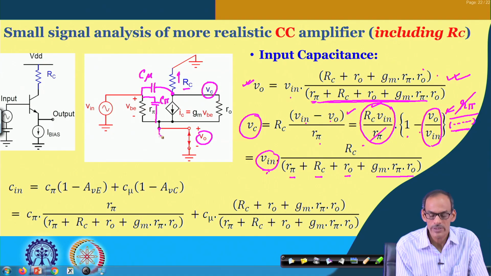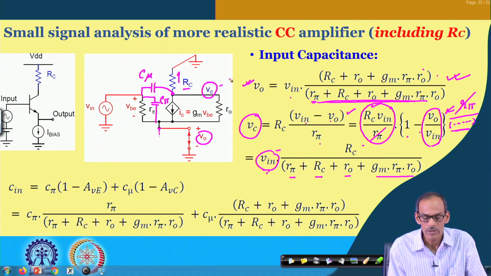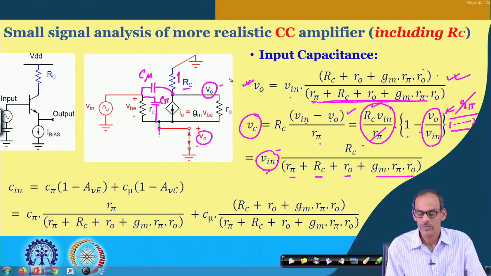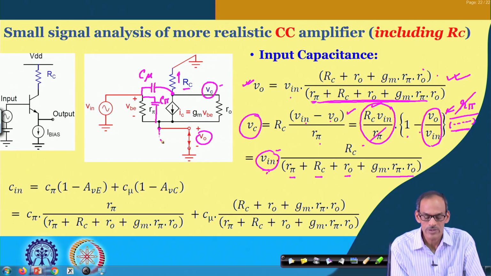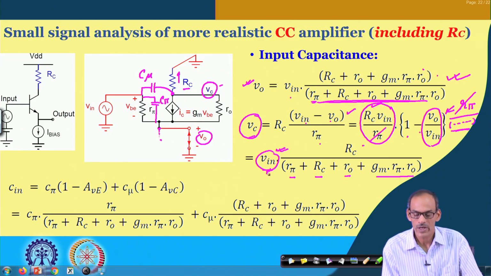The moment we connect the resistance here, the voltage at the collector terminal is expected to have a much higher value, but right now we are not considering that. If I consider R L is infinite here, earlier we considered R L. So, if I consider that, this gives an indication that V C is a fraction of V in.